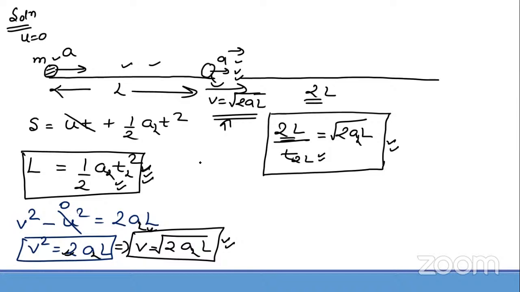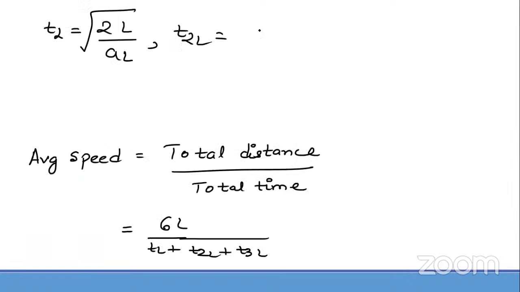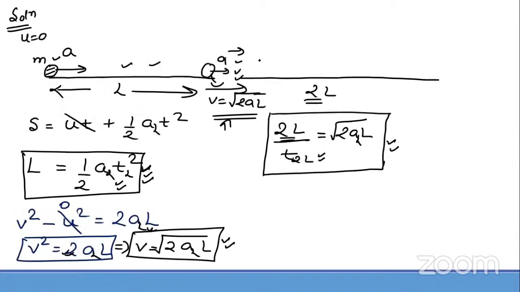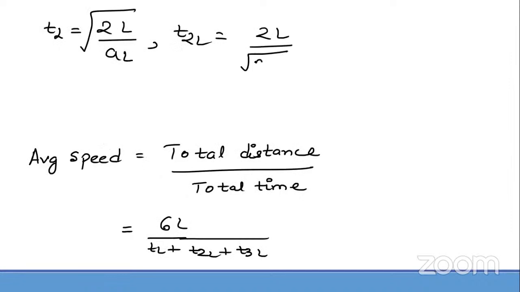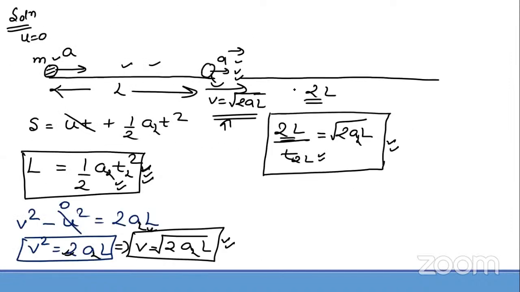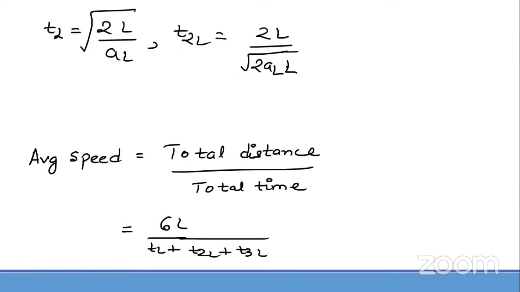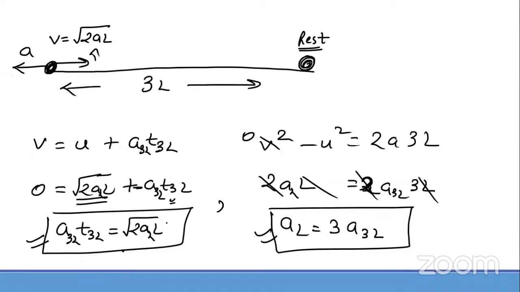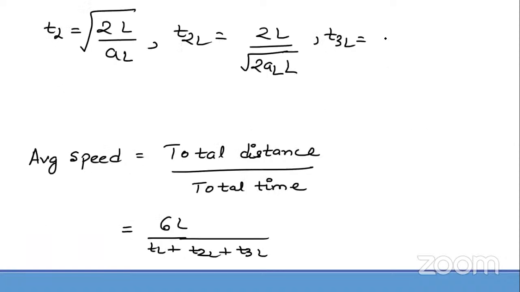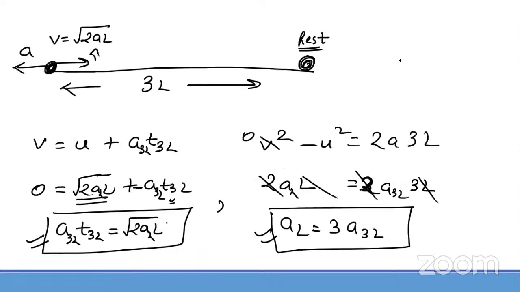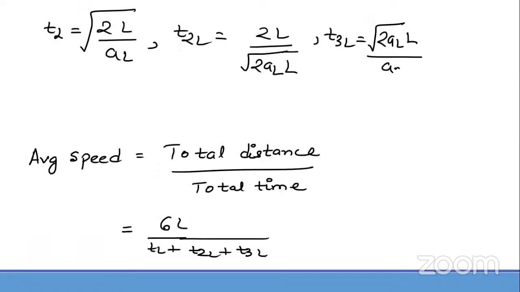Okay. And for the T3L journey, the time required is now different. It will be under root 2AL, L upon A3L. That is different acceleration.